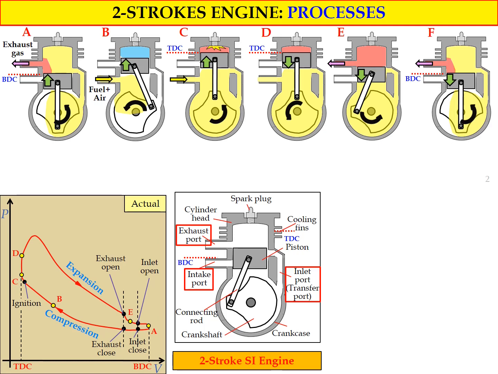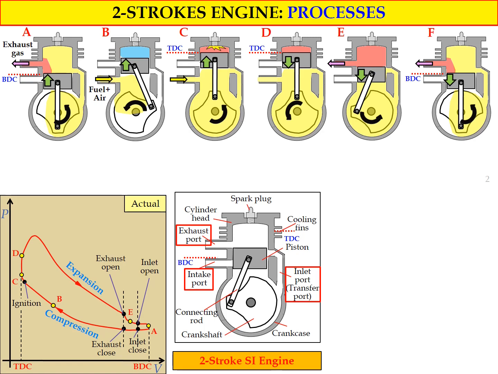Okay, so now the final figure shows the piston already arrived at the BDC position, and the inlet port already open, intake port closed, and exhaust port still open. Due to the high pressure inside the crankcase, the movement of the piston downward and also the rotational movement of the crankshaft will force the fuel plus air mixture to enter the combustion chamber.